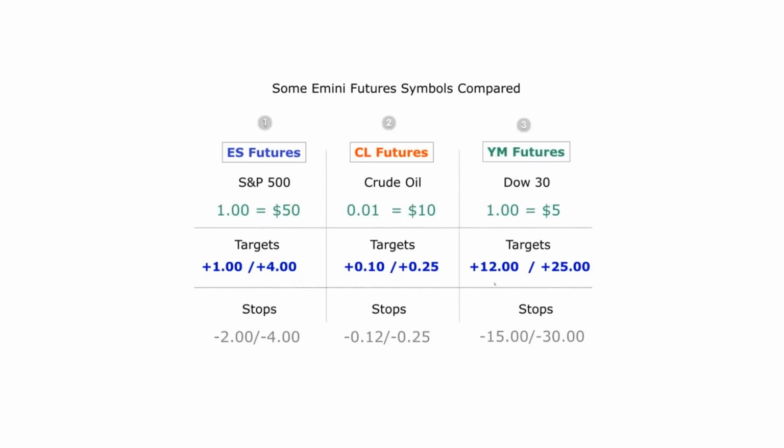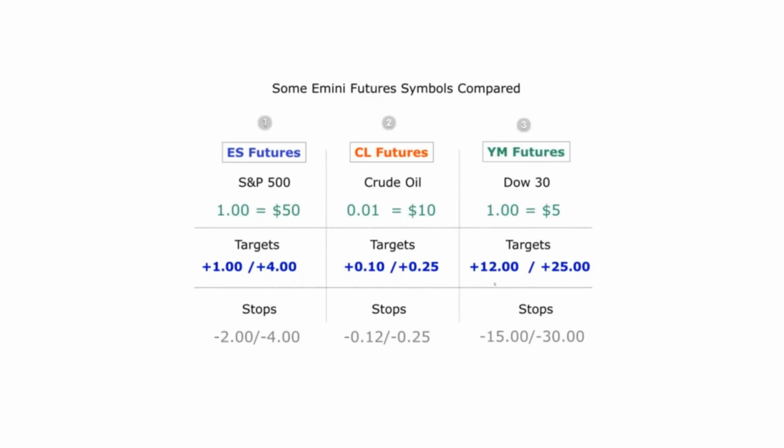Normal targets for crude oil futures would be like 10 cents or 25 cents. Those are quick scalp moves, and sometimes we can get more than a $1 move in a day. Recently we've had amazingly large ranges across all markets. So again, a lot of these are the normal numbers, but we're sometimes 10 times above these numbers.